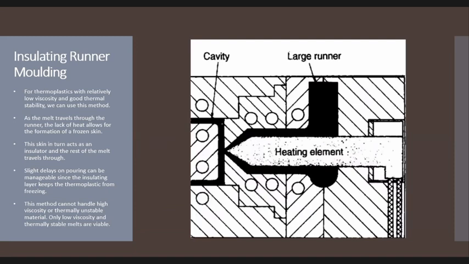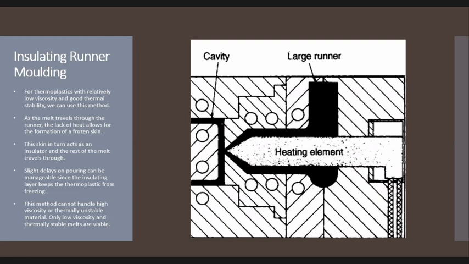Now we finally come to the insulating runner molding, which is a pretty conventional system, except that the polymer used here will act as a self-insulating material. Due to the absence of heat on the runner, the material creates a frozen skin, which insulates the material inside, and that can flow freely.